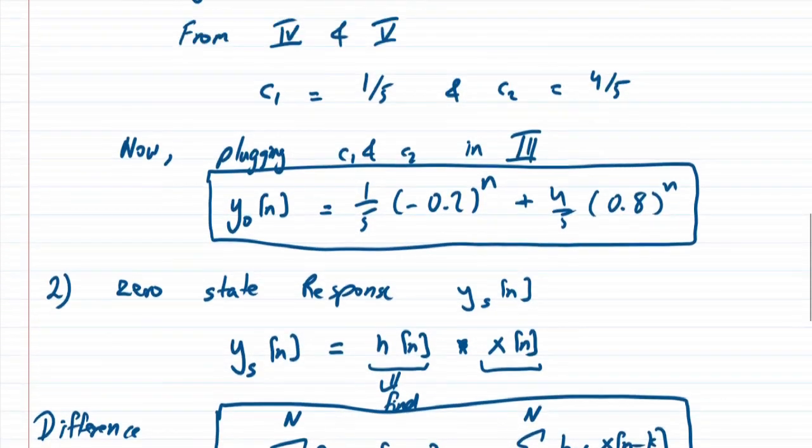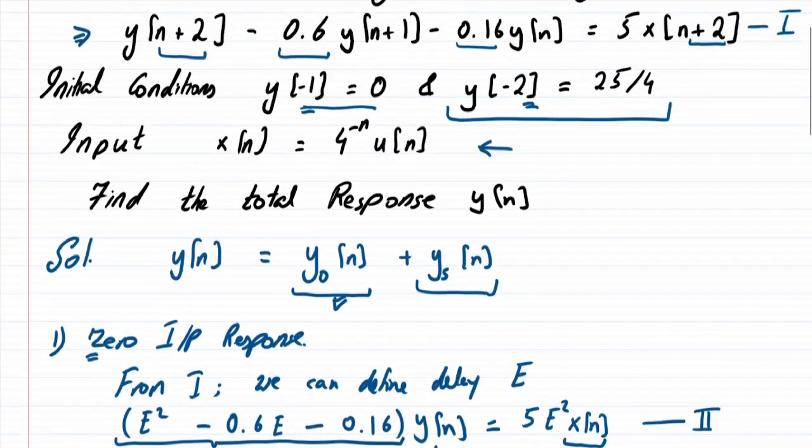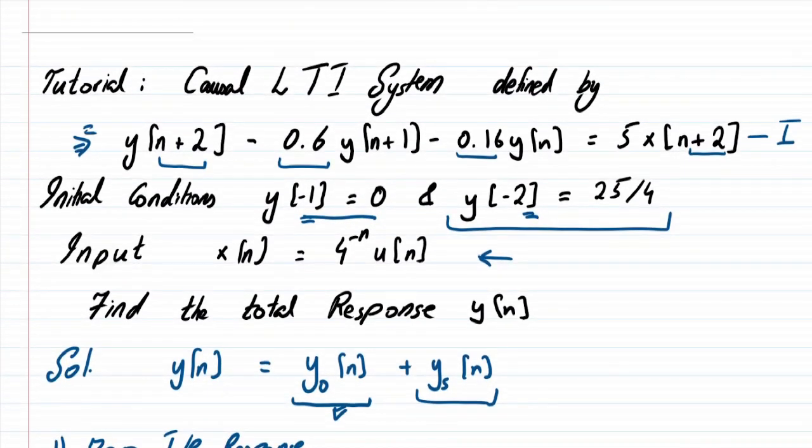So previously in this example we have the second order difference equation, which is over here. According to that, this is our a0 into y of n plus 2, this is our a1 into y of n plus 1, and this is our a2 into y of n. Similarly, we have b0, b1, and b2, which is again 0.